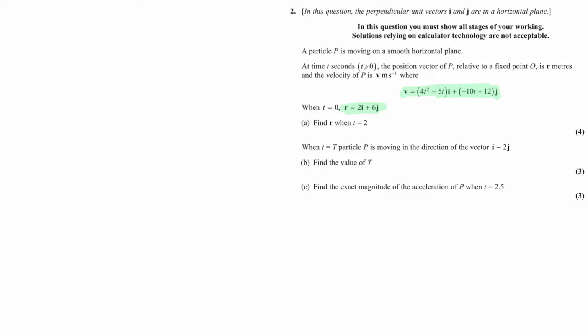So what we need to do is integrate the velocity, because that distance s is the integration of velocity with respect to time. Okay, so that's where we're going to start. Then we'll be able to find how far it goes within the 2 seconds, and then compared to this, we'll find its actual position.